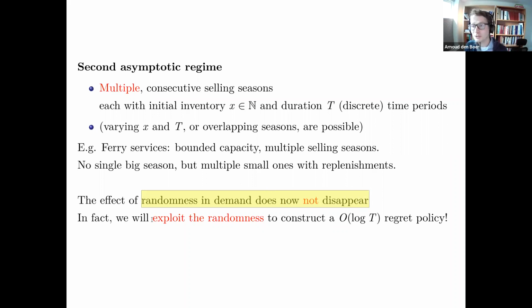But actually, that's good news, because the randomness will help us construct a policy that is very good, with regret log t, or actually the square of the log of t, which is much smaller than square root t. We have seen already a couple of regret rates, square root t and things like that. A regret rate is a kind of classification of how difficult it is to learn. And log t means it's much easier in a sense to learn in this problem than in the original problem.